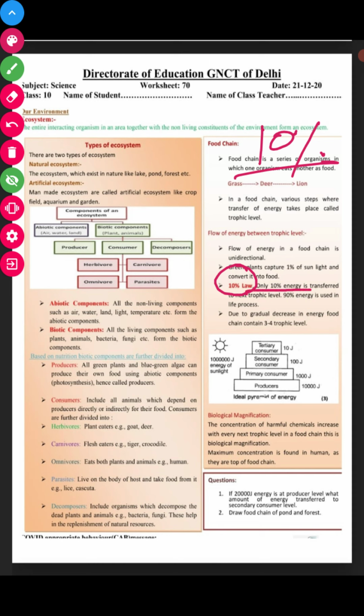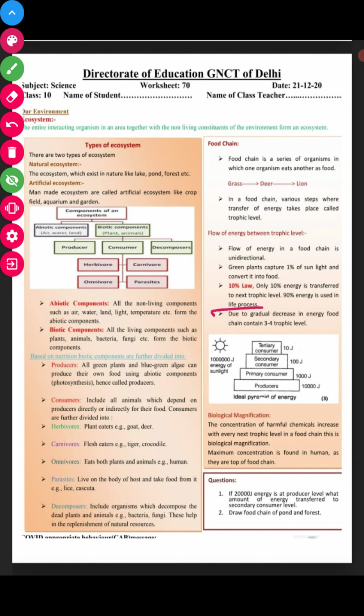Only 10% of the energy is transferred from one trophic level to the next trophic level, and 90% of the energy is used in the life processes by the same trophic level. I'll explain.